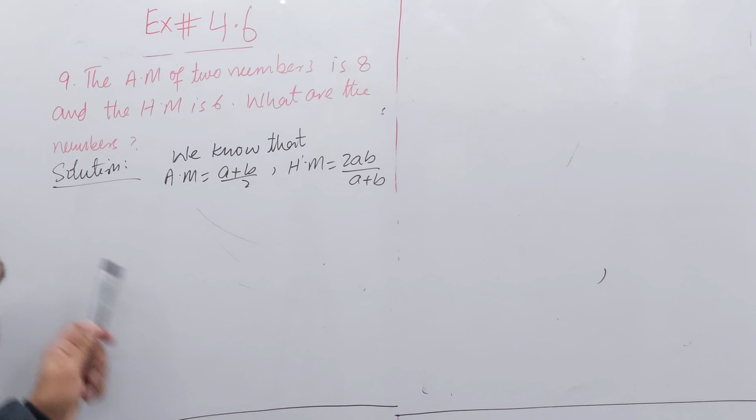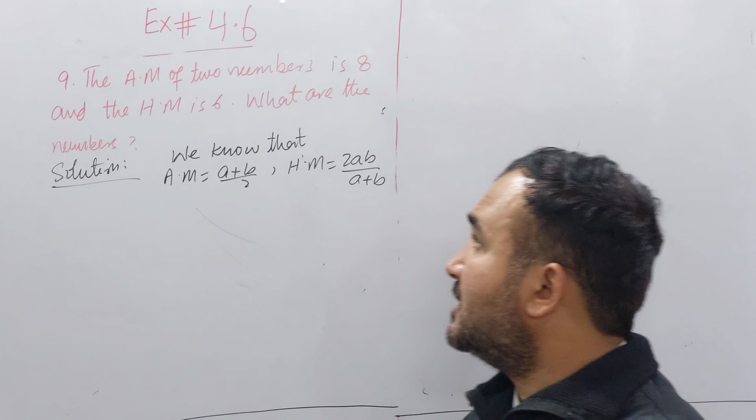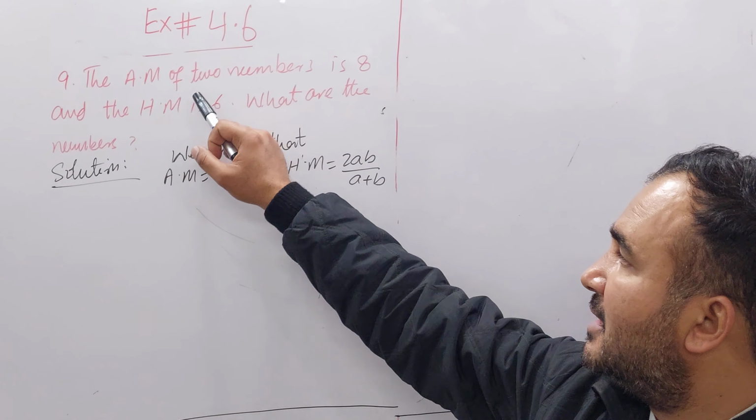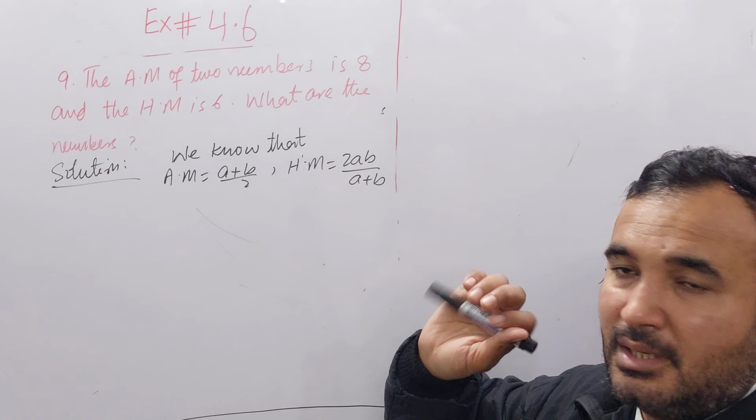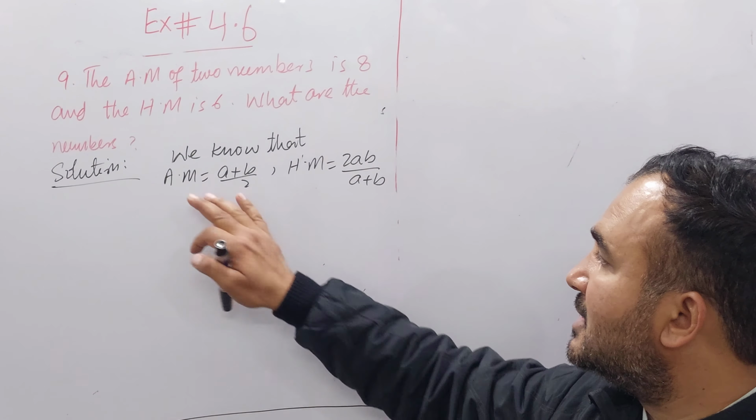Question 9, my students. In question number 9, it says that the arithmetic mean of two numbers is 8 and the harmonic mean is 6. What are the numbers? So we have two pieces of information. One is the arithmetic mean of two numbers, which is 8, and the harmonic mean is also given, which is 6.